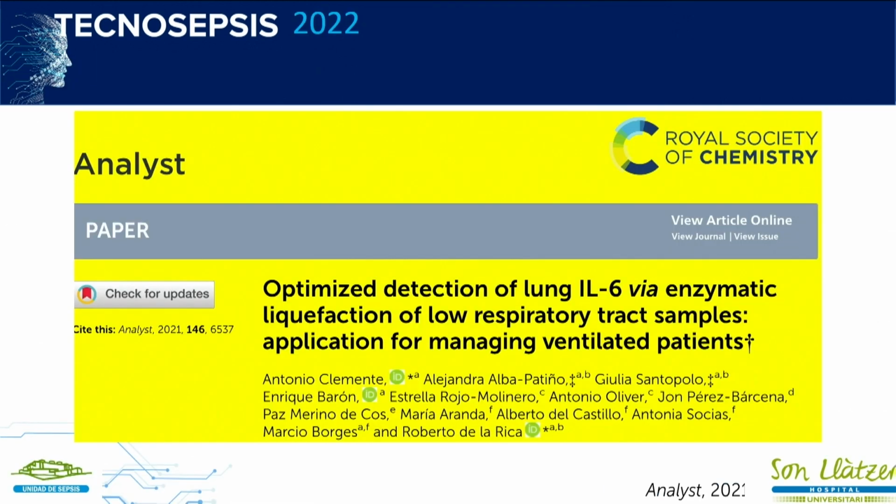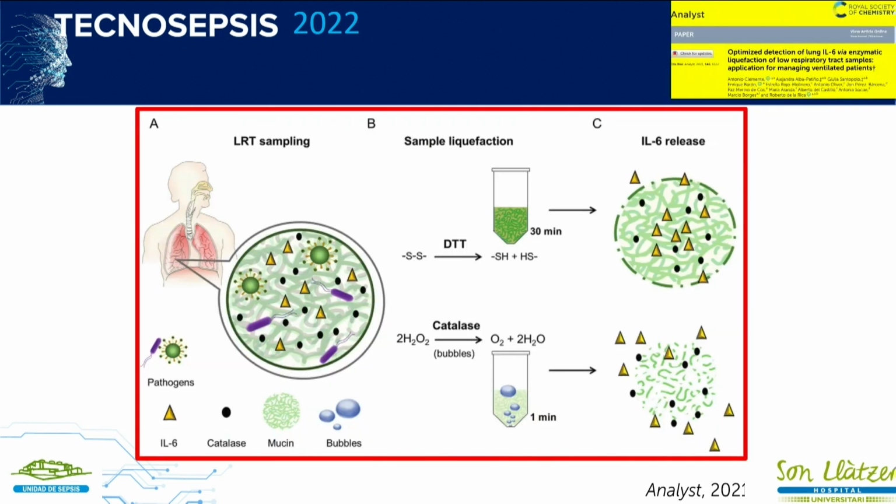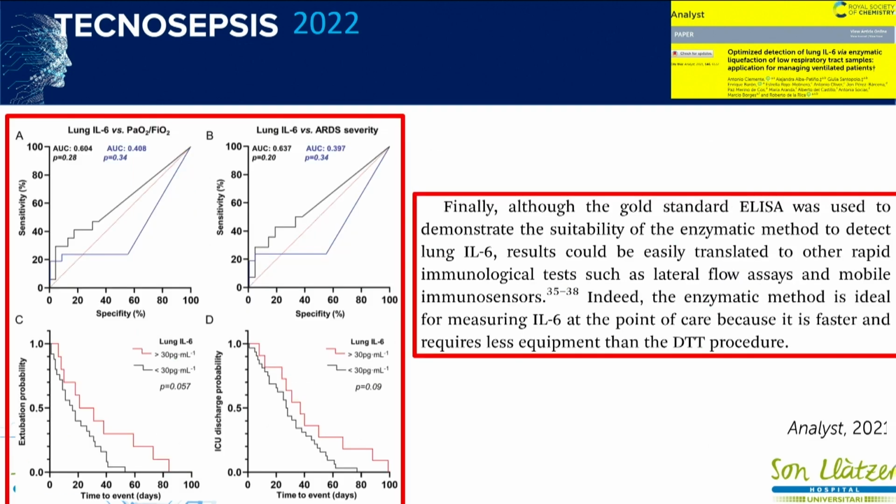This is another study, using identification of interleukin-6 in respiratory samples. It's not easy to manipulate respiratory samples because of the macrophages and purulent secretions, and in many techniques it is not easy to identify. So in very little time, in 30 minutes, and after 1 minute using specific techniques, it is possible to identify interleukin-6 in respiratory samples.